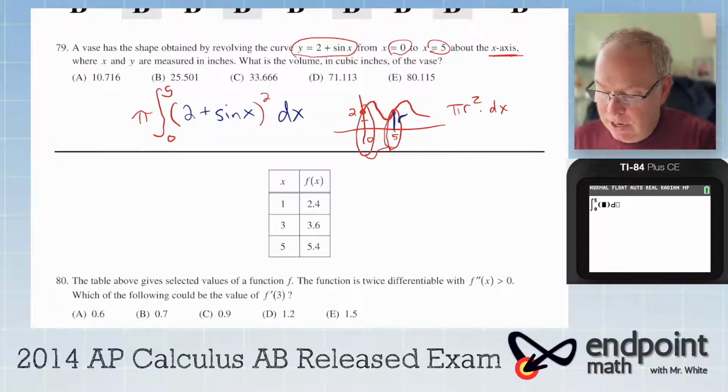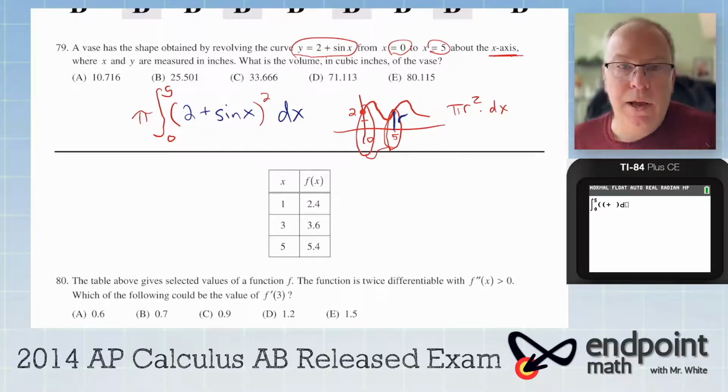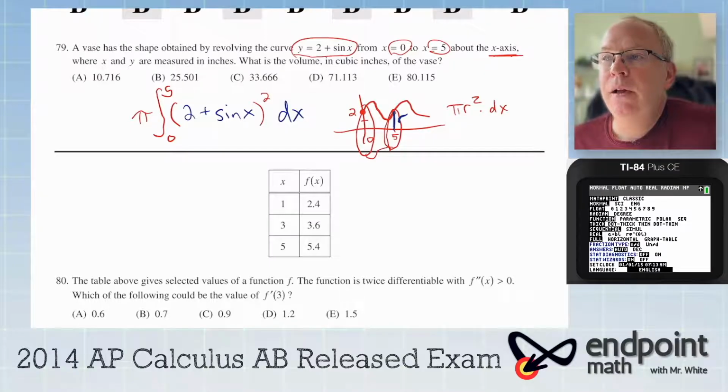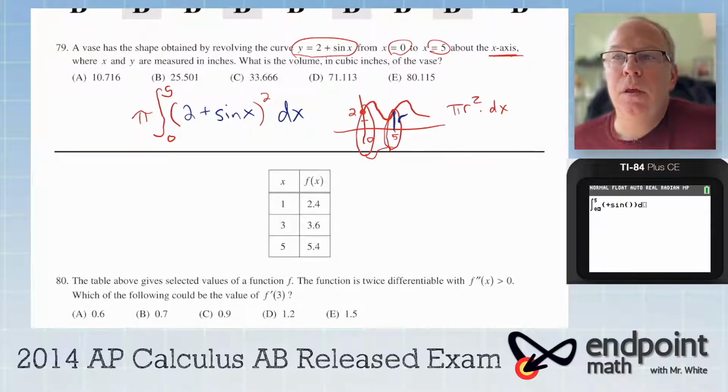And inside here, we do have to open a parenthesis because we're going to type 2 plus sine. Oops, I didn't get my 2, did I? Let me go back. All right, so I'm going to second insert. I'm going to insert my 2 there. There we go. And I got an x here.